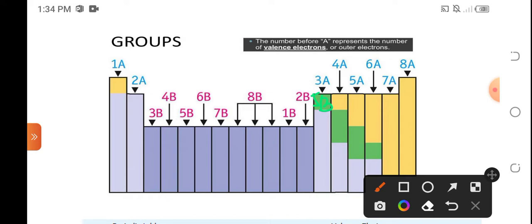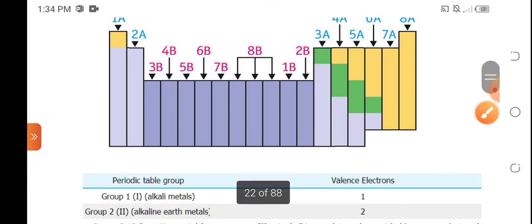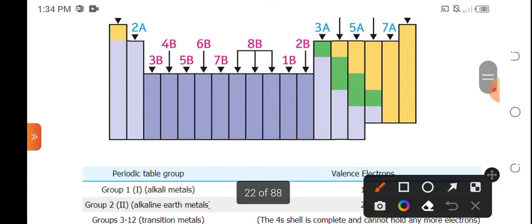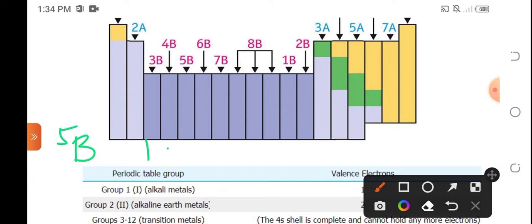So, isulit natin. Boron 5, ang kanyang electron configuration ay 1s2, 2s2, and 2p1. Okay? So, that's the electron configuration of boron.